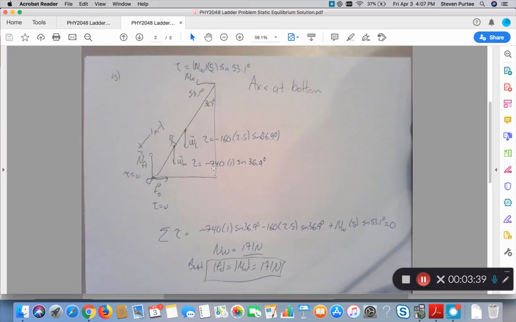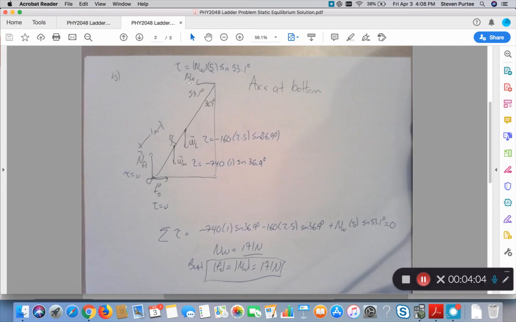His torque will be his force, his distance is 1 meter from the axis, times the sine of this angle in here, which we found was 36.9 degrees. The weight of the ladder itself: the torque from that is its weight times its distance, half the length of the ladder, 2.5 meters, times sine of the angle.